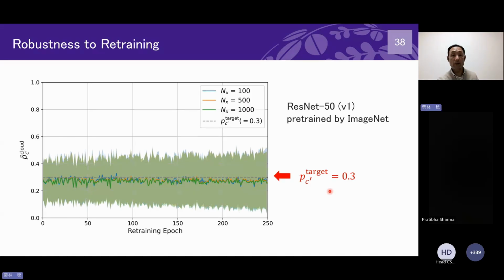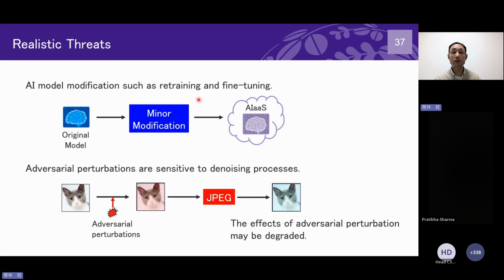Okay, this slide shows the robustness to retraining, meaning a minor modification. The model is retrained before the deployment to the cloud server.